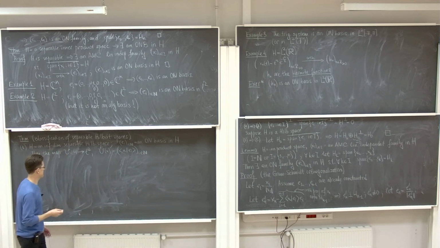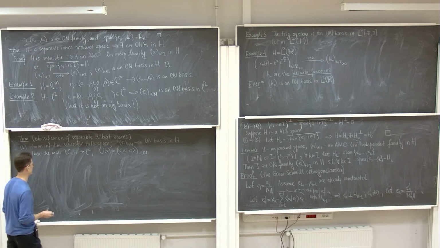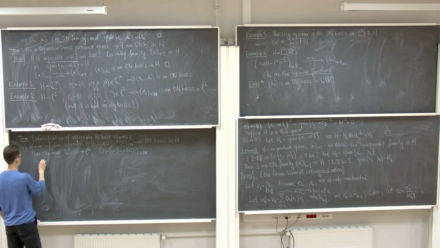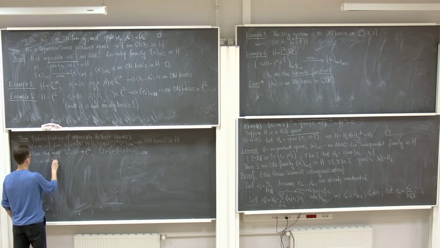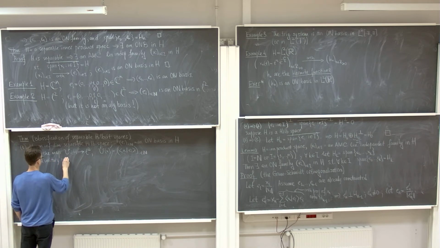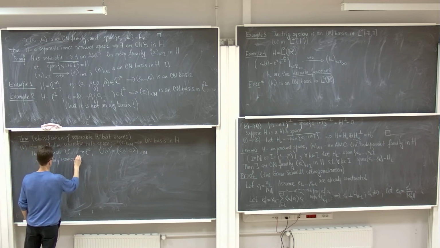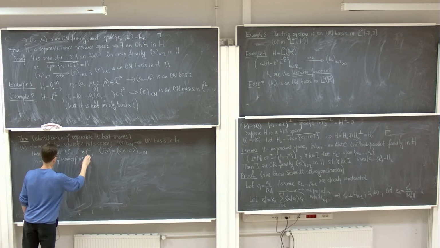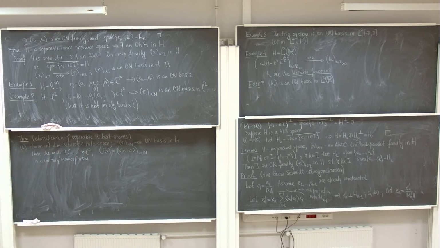And I claim that this map is a unitary isomorphism. So we see that each infinite dimensional separable Hilbert space is unitarily isomorphic to little L2.